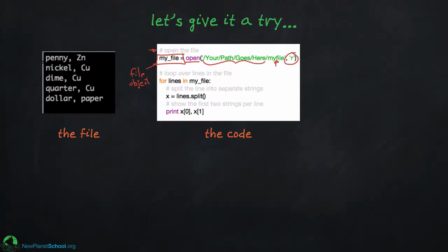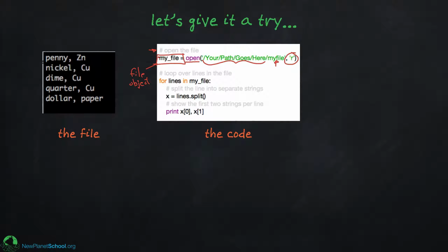What it does is it creates this object that from now on, in the rest of your Python script, you can refer to your file through this very simple name, my file. You don't have to keep telling it this very complicated thing and that you're reading from it. It knows all of that, and this is just like a little object that you can carry around with you. Very simple, and you can do things with it. And so it's a very convenient way to label your file, and it's called a file object.